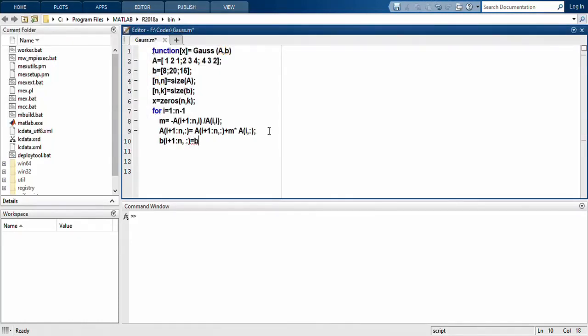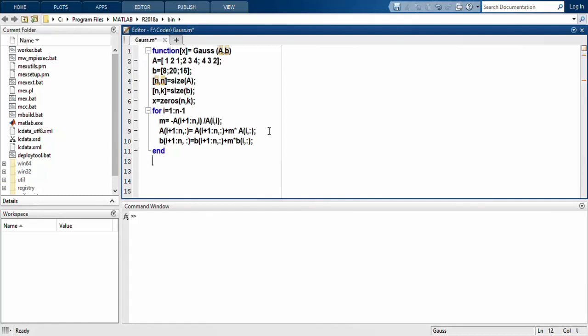So the same step for this, i+1 to n, colon, plus m multiplied by b, and it is the same operation accordingly. Okay, so this is all about the row operation. So step number 1 is completed.